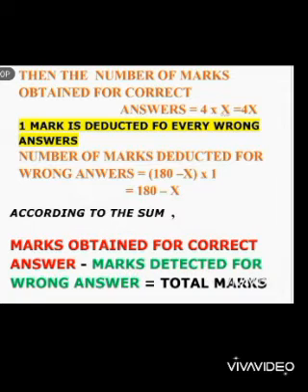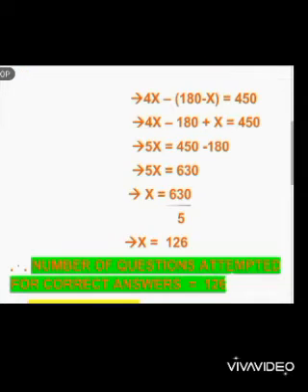So, marks obtained for correct answers we have considered as 4x, minus marks deducted for wrong answers, which we have considered as 180 minus x. Total score is 450. So, 4x minus (180 minus x) is equal to 450.